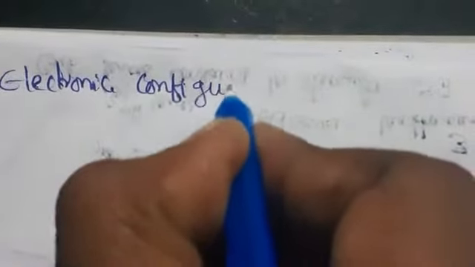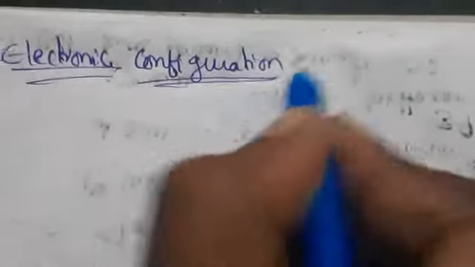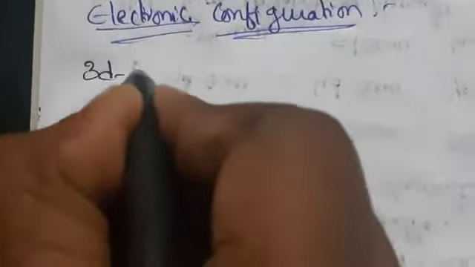So now let us discuss the electronic configuration in D block elements. Coming to electronic configuration, as I told you, it is divided into 3 series. Let us see the first one, the 3d series.